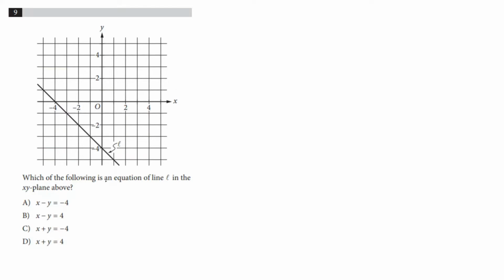So, which of the following is an equation of line curlio in the xy plane above? So this is the line. So this line is given by an equation, a function, I guess. y is equal to mx plus b. We'll worry about putting it into the form for these answers later, but let's quickly look at this, okay?